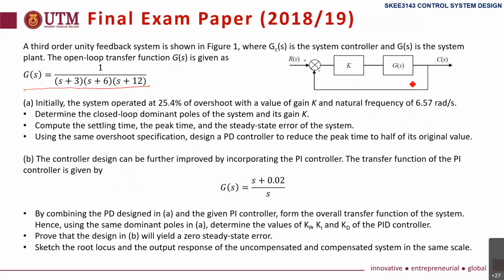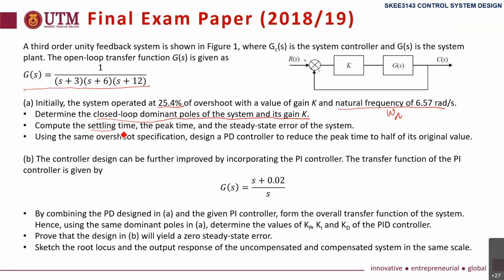Initially the system operated at this damping ratio, this overshoot, and also omega n is given. Determine the closed loop dominant pole and the gain. They want you to find the closed loop pole and also the gain.